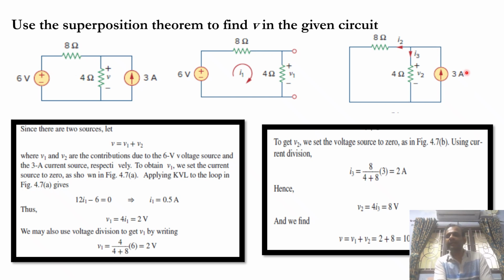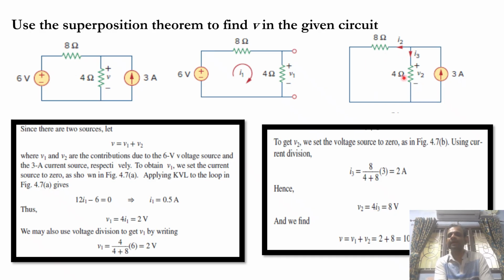Current in this source is 3 ampere. So current in 8 ohm is total current into resistance of the other arm by total resistance. Total resistance is 8 plus 4, 12. So 4 by 12, that is 1 by 3 into 3, 1 ampere. So 1 ampere current flows through 8 ohm.